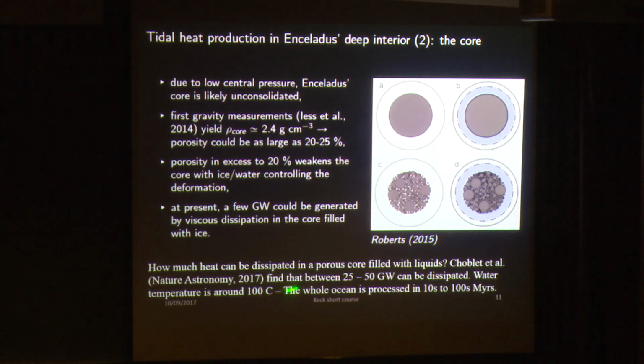And something I forgot to mention is that when you do the calculations, so it's 3D spherical calculations of water percolating into the rocks, we find out that the whole ocean of Enceladus would be processed in tens to hundreds of millions of years. And I spoke with my friends who do geology on the terrestrial seafloor, and I said, I remember when I was taking a class looking at serpentinites and all these hydrated rocks under a microscope, how much of the rock is actually hydrated?